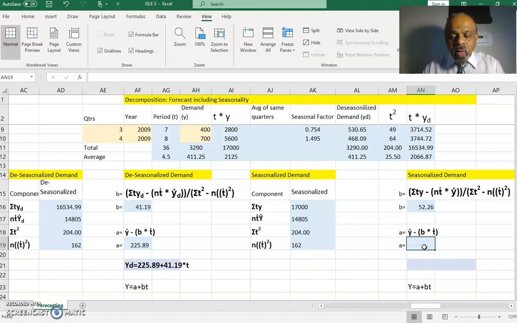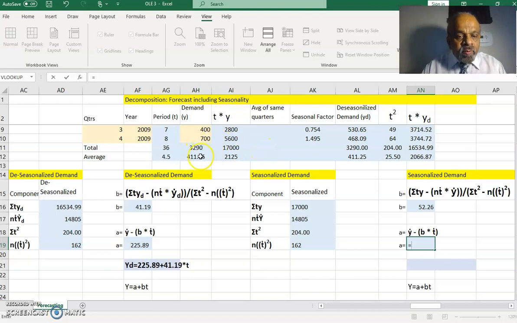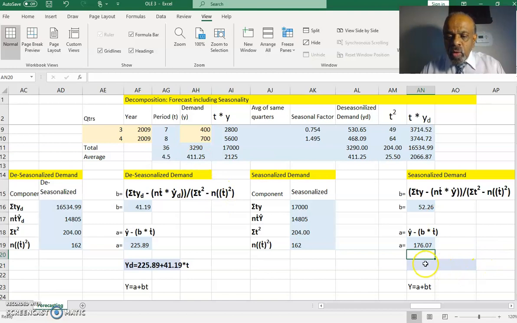Similarly, we're going to calculate now the average Y. The average Y is going to be equal to 411.25 minus B times T average, where B is 52.26 and T average is 4.5, and that comes to 176.07.